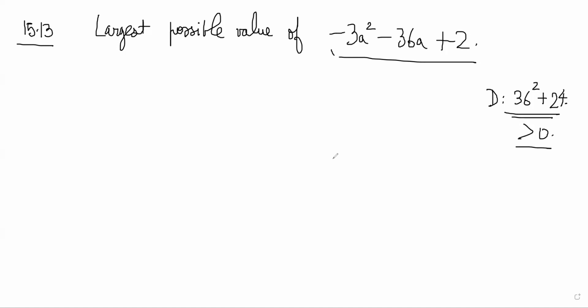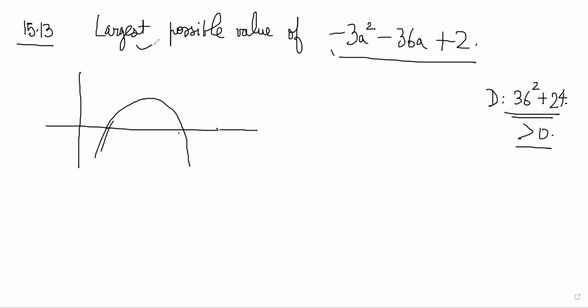If the discriminant is positive, the graph should be cutting the x-axis, but downward facing. So it has roots and it is going to be above the x-axis sometimes. We have to find the largest possible value of this, the height of this parabola, the largest height.